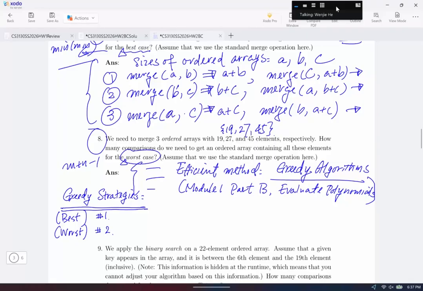Best case. The strategy is merge the shortest and the longest ordered arrays in the list.